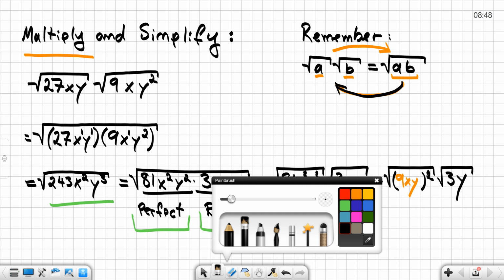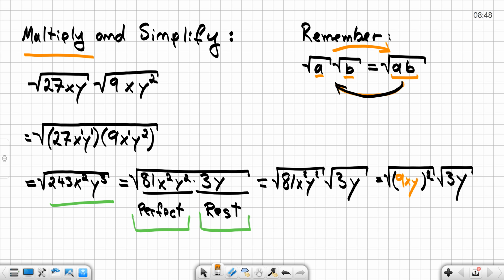The square root of (9xy) squared is just going to be 9xy, and I still have a little bit of square root left. This is the square root of 3y, and this will then be my answer. In other words, I have split up as many perfect squares as I possibly could.